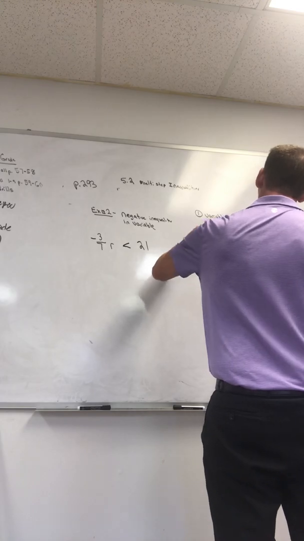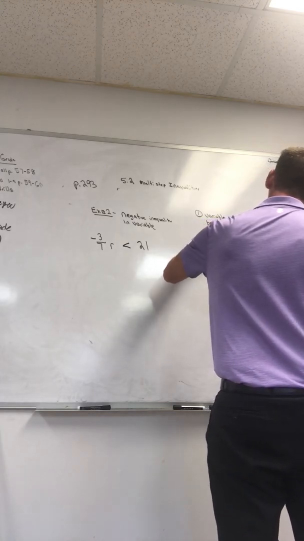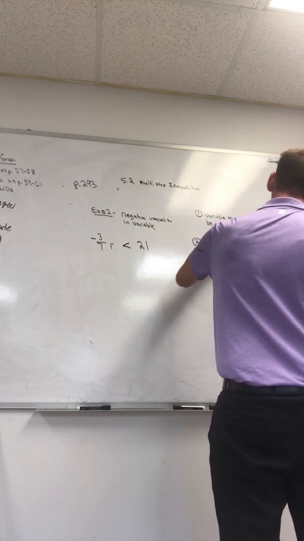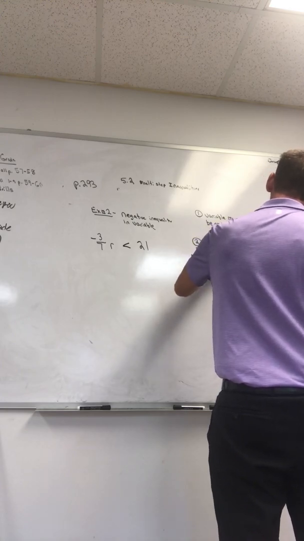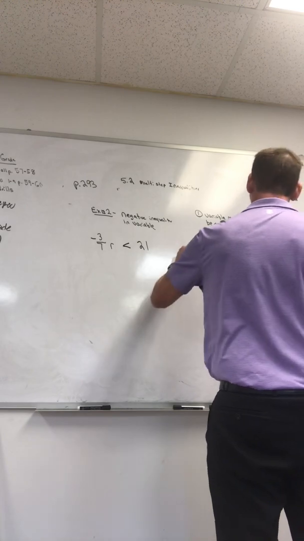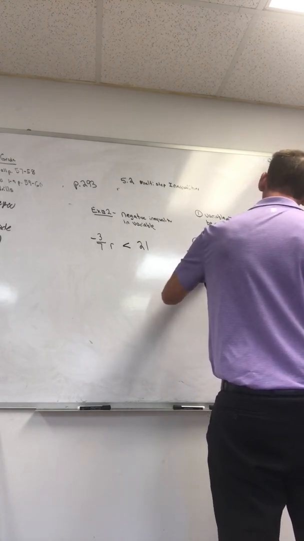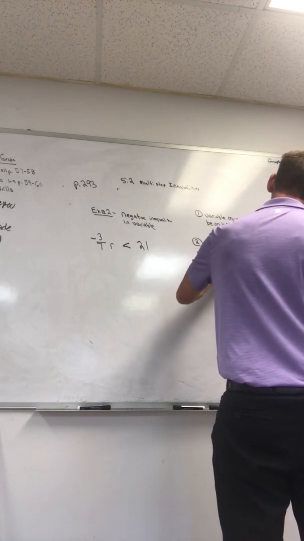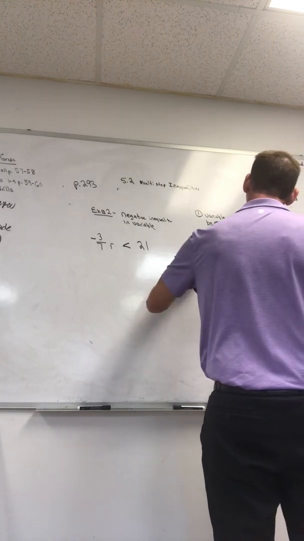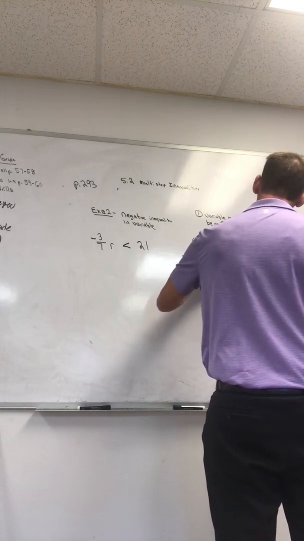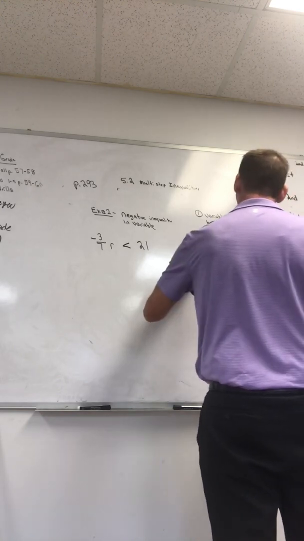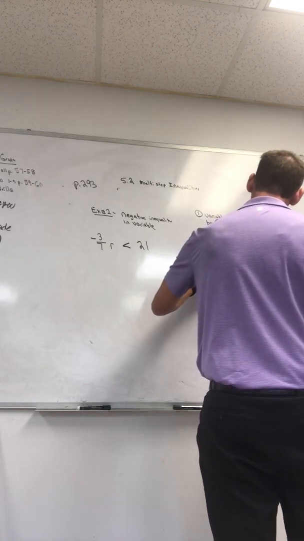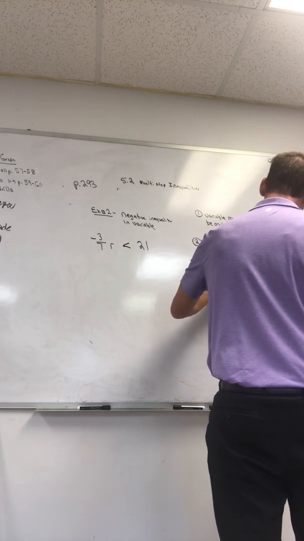Secondly, if there is a negative sign attached to the variable, we change directions of the inequality sign.